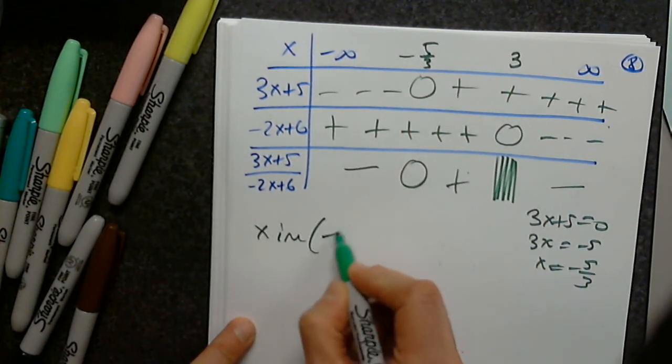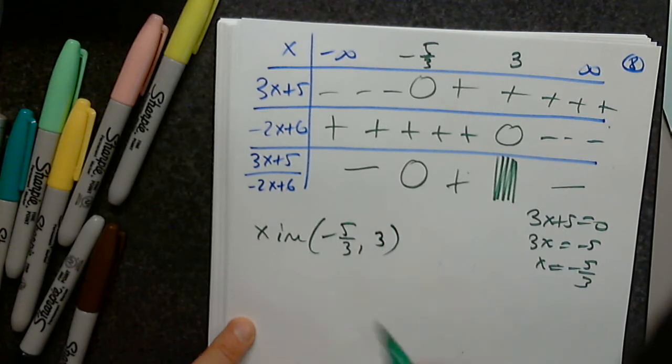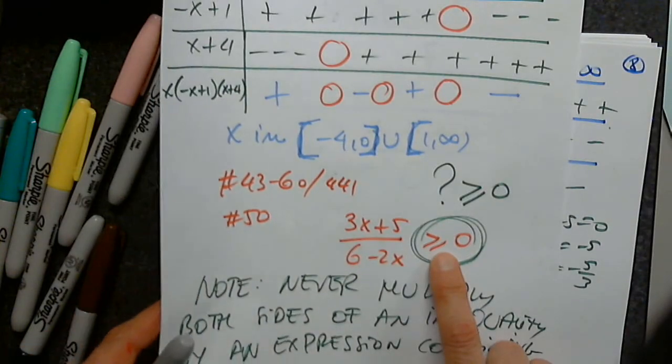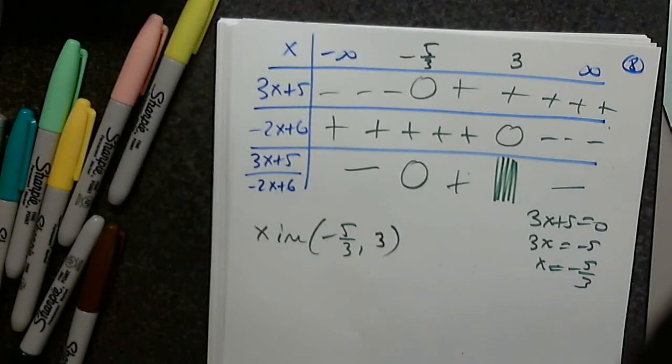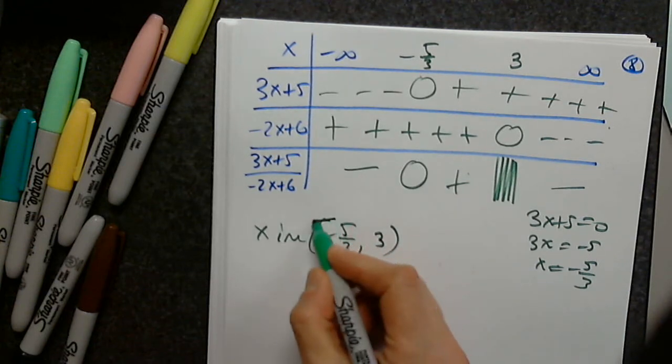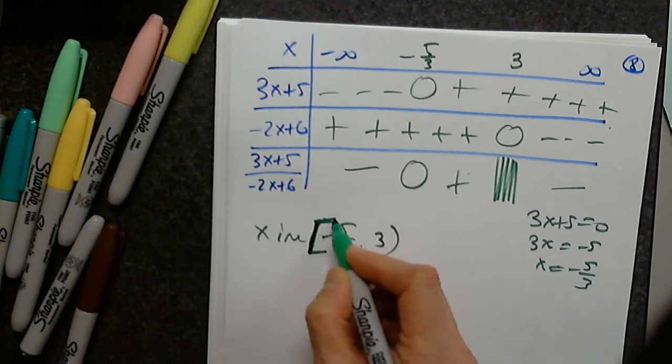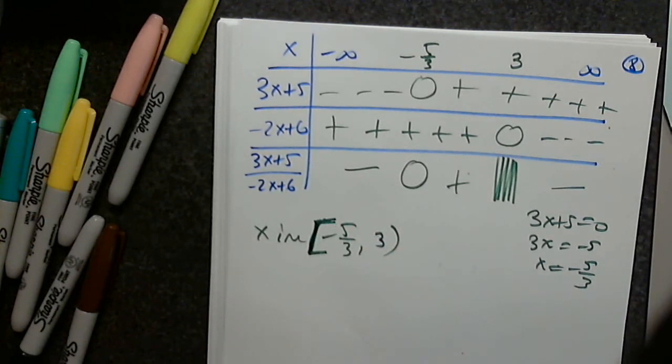So x in the interval, negative 5/3, comma 3. It was greater than or equal to, I made the same mistake again, but I cannot include 3. Do you agree that we cannot include 3, even if the inequality has the equal symbol in it? We agree? Yes, because the expression is undefined.